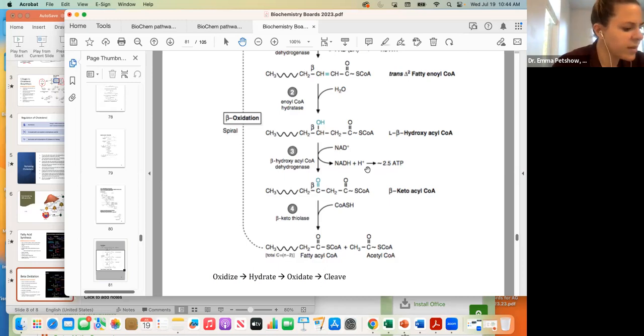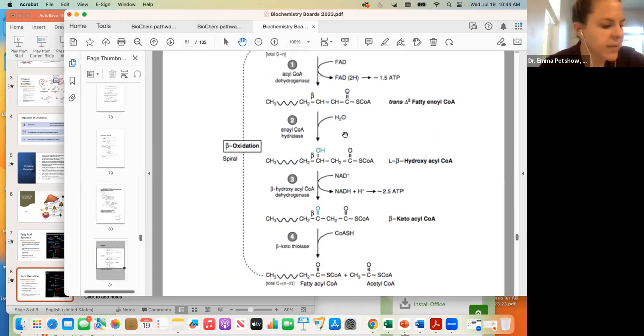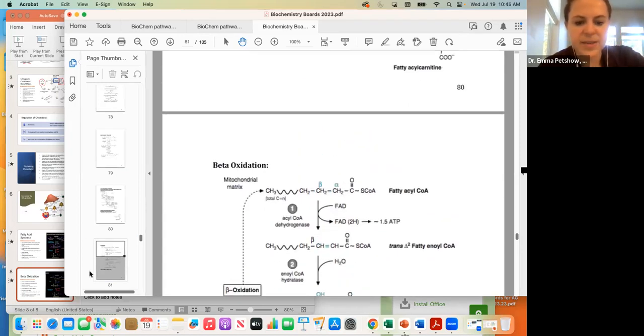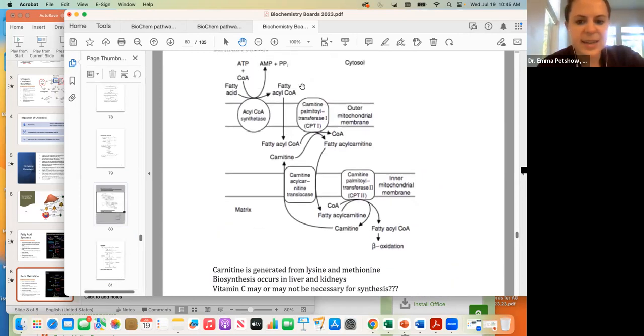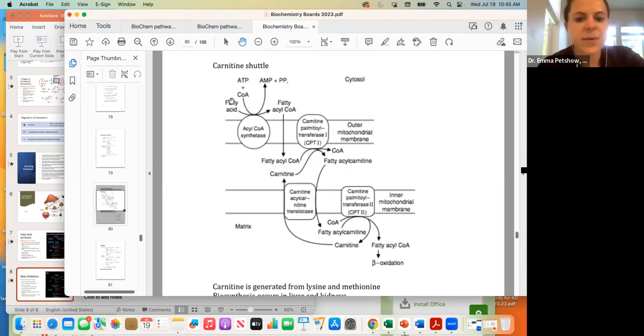Great. Yes. Okay. So our major rate limiting enzyme, and I will update this on the notes so that we all have it here. So our fatty acid is outside here. We have to first combine it with our CoA molecule. This is going to use energy, and it's going to use fatty acyl-CoA synthetase.